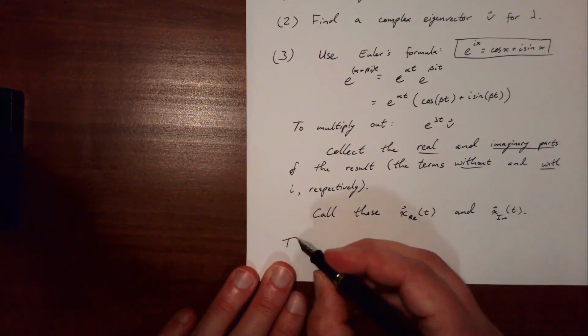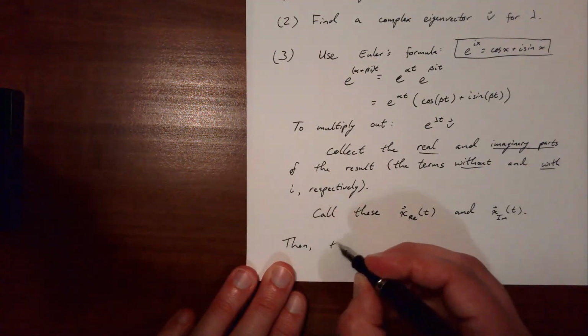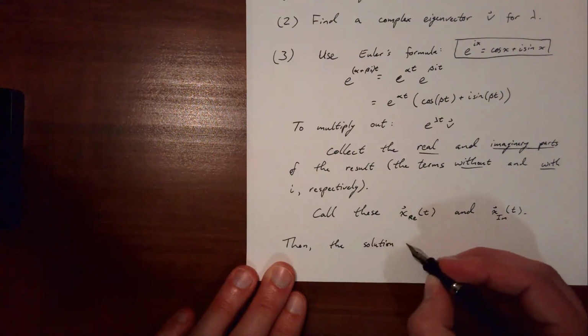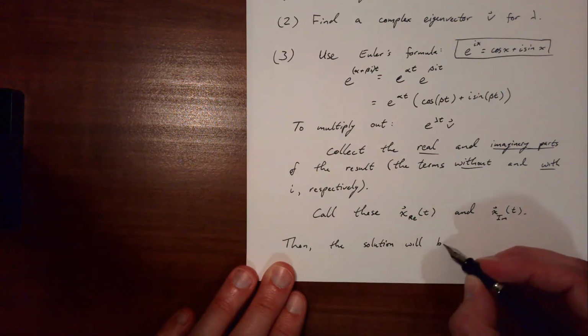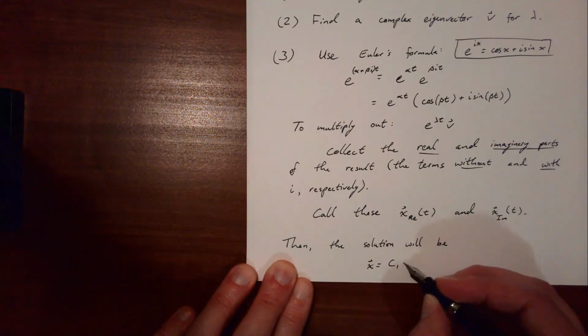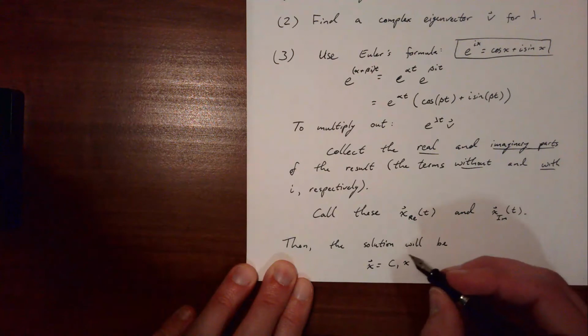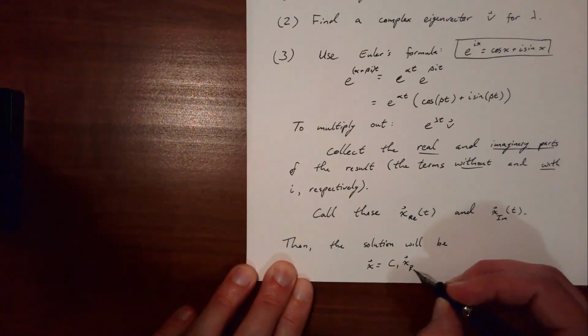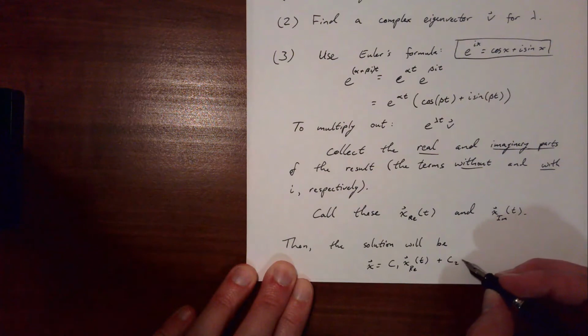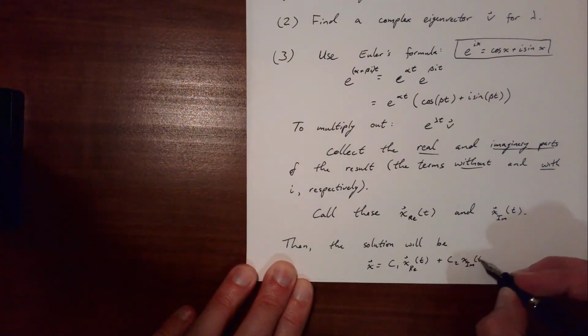Then the solution will be x equals c1 x re of t plus c2 x im of t.